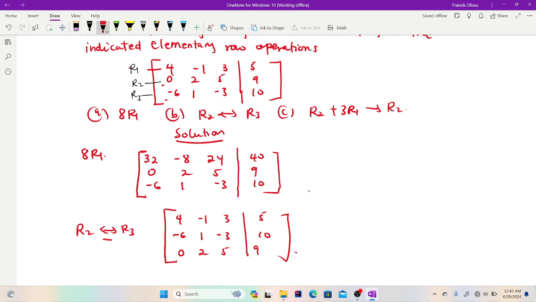Then finally, we are going to do this C. The C part is we are adding row 2 to 3 times row 1. Then after, we will map it to row 2, right? So let's see how we do that.